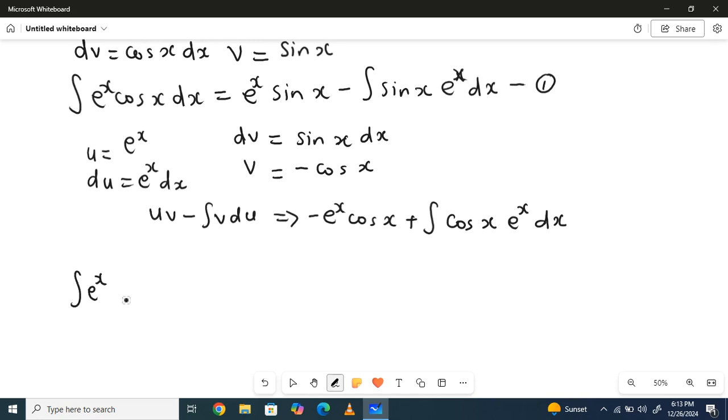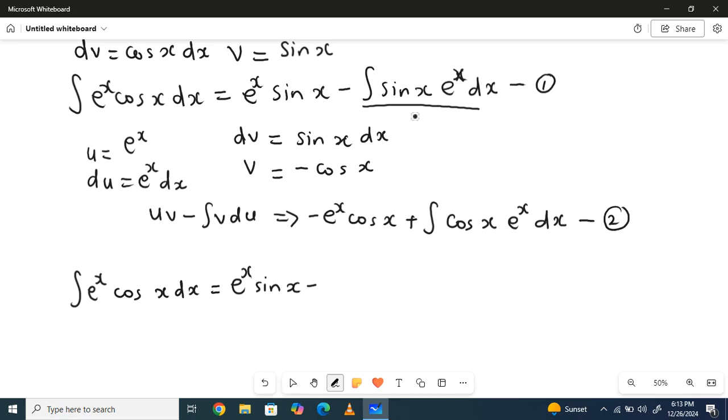We'll write everything. So we have the integral of e to power x cos x dx is equal to e^x sin x minus, so we were integrating sin x e^x dx. We had this value here which we're going to call equation 2.